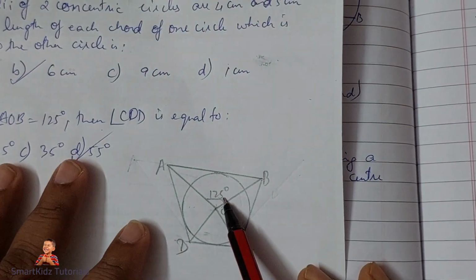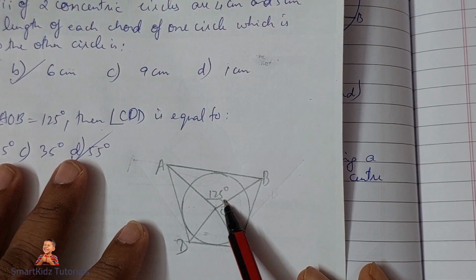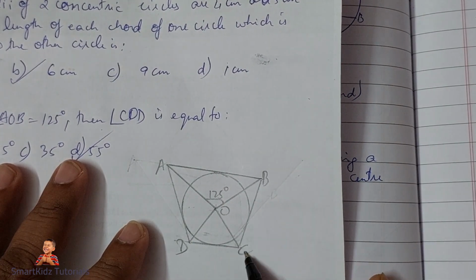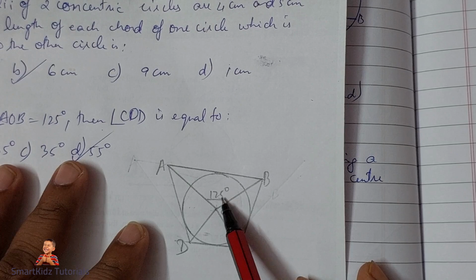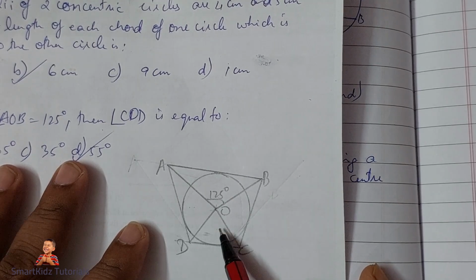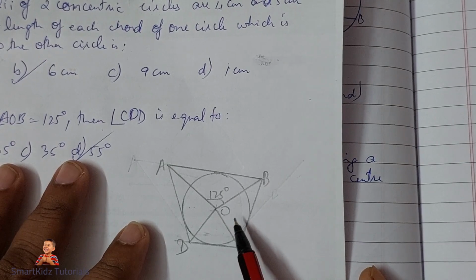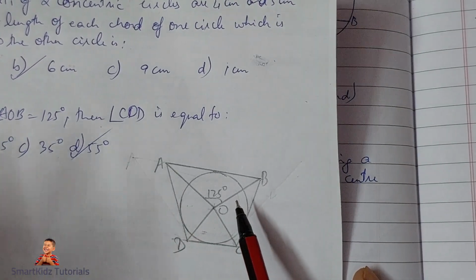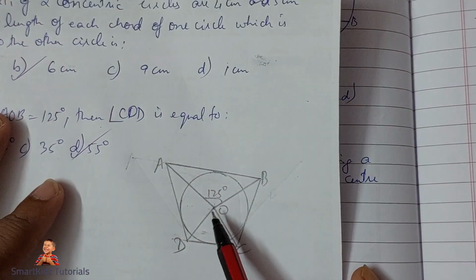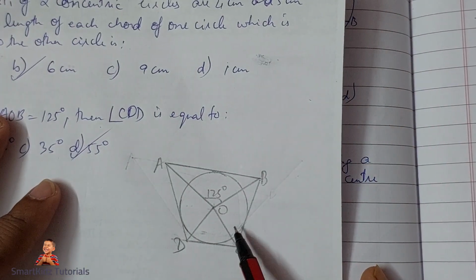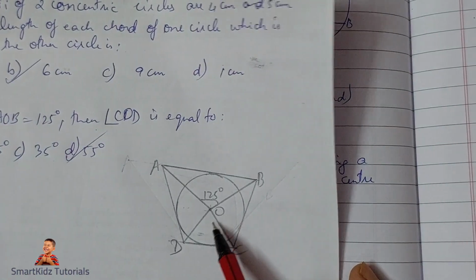Okay, see what it's saying. Here 125 degrees over here. We need to find angle COD. But don't mistake this for vertically opposite angle. This is not vertically opposite angle. When I show you the actual figure, it will look a little bit different than what is shown over here.